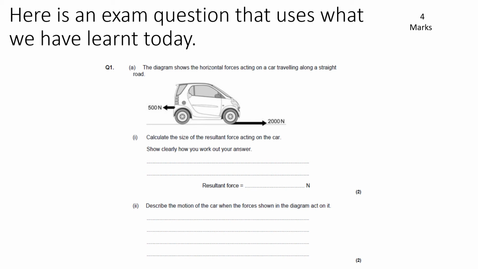So the thrust is probably 2000 and the drag, air resistance, is 500 newtons. Calculate the size of the resultant force acting on the car. Show clearly how you work out your answer. If it says this, that means it wants you to write down your workings out. You will get 2 marks for that.